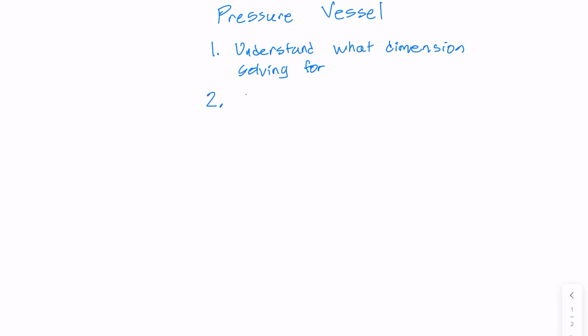Then I will find the allowable stress with our safety factor. And if I'm not sure if I can use thin wall or thick wall assumptions, I will solve using thin wall.